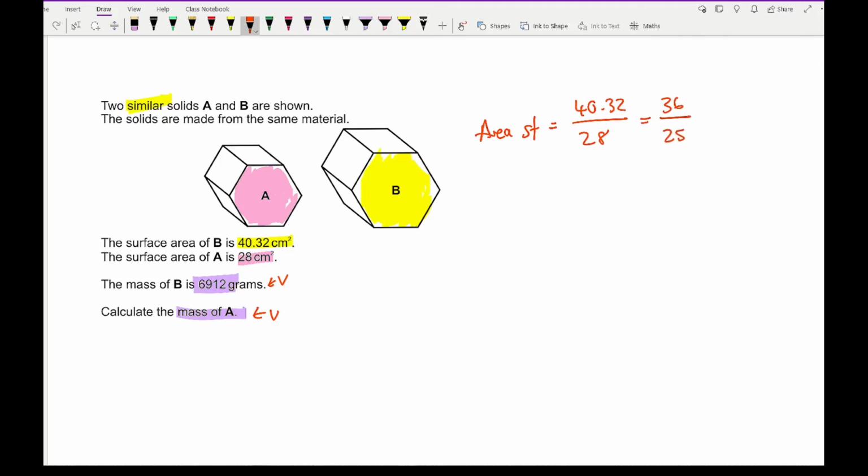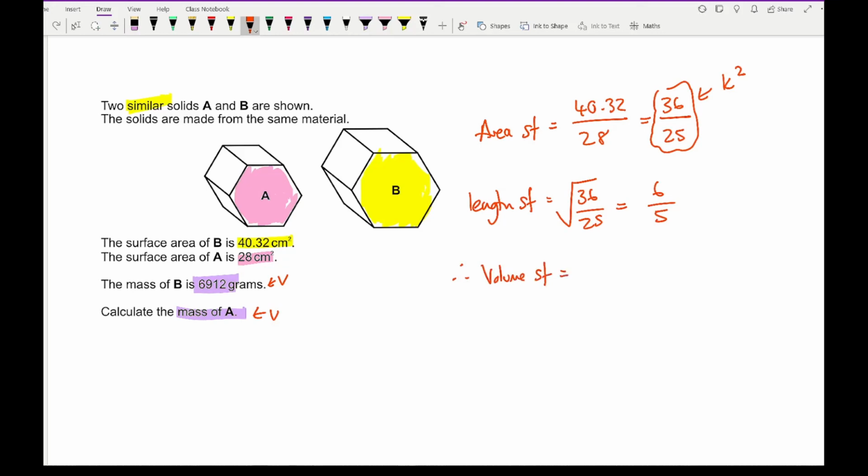Now this is what k squared is. So that means that the length scale factor is going to be the square root of 36 over 25, which is going to be 6 over 5. And therefore the volume scale factor is going to be 6 over 5 cubed.